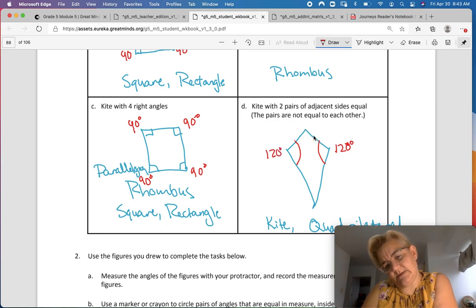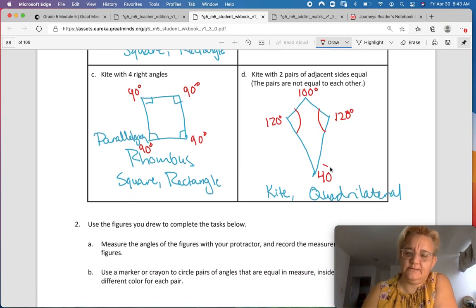And this one, it's going to be 100 degrees. And then, let's see, 340, this one would be 40 degrees. Okay?